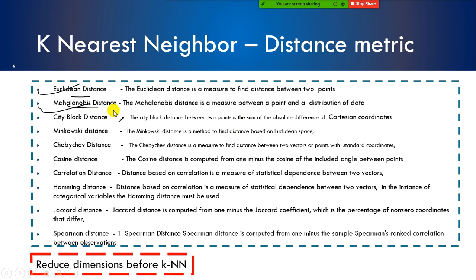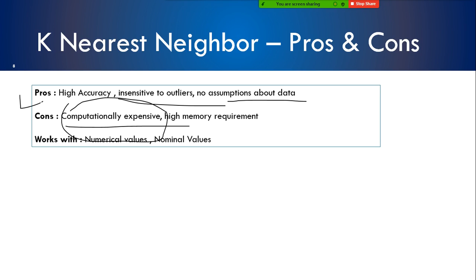In the case of predicting fraudulent transactions, one of my past students was working on fraudulent transaction modeling. In that case, she was using k nearest neighbor, but she was using the distance metric Mahalanobis. But in general, Euclidean is the one that is used.